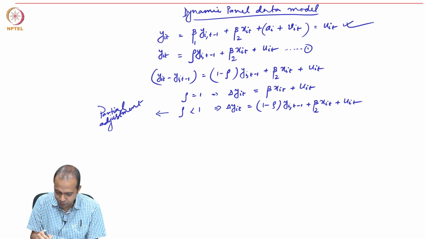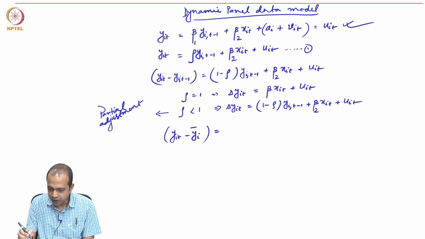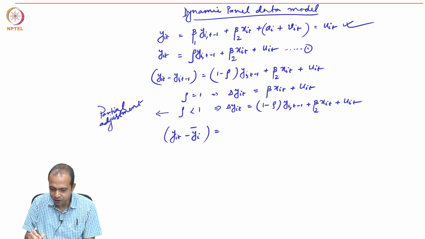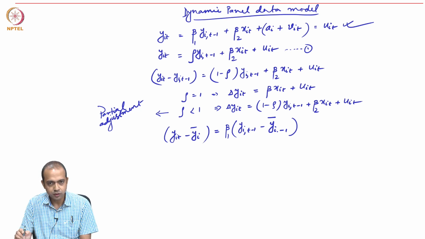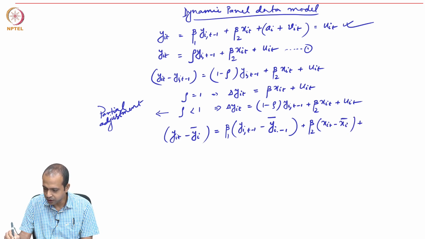But if you go for the fixed effect transformation, y_it minus y_i bar equals, my model is this, so a_i will get cancelled out, and I will get beta 1 times (y_i,t minus 1 minus y_i,minus 1 bar), where this is the mean value of y_it minus 1, plus beta 2 times (x_it minus x_i bar) plus v_it minus v_i bar.